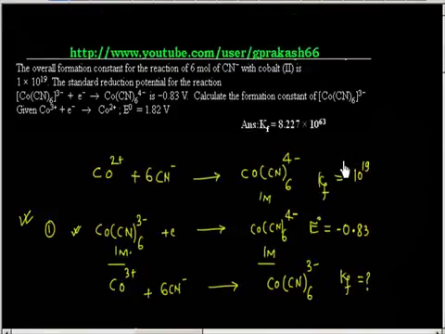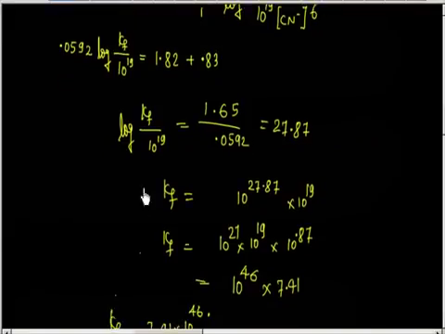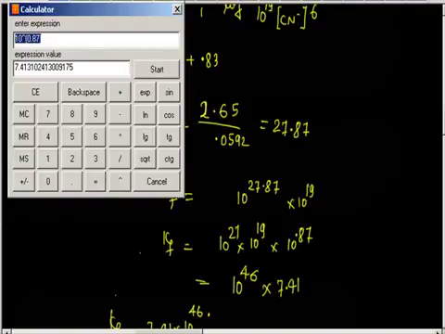I have done some mistake somewhere. So where is the mistake? Yeah, the mistake is here. This is 1 plus, added to this will be 2.65. So now let's divide 2.65 by 0.0592.